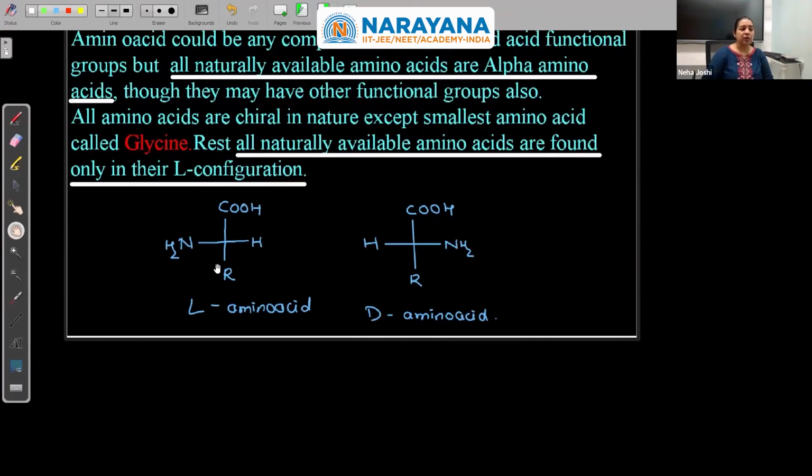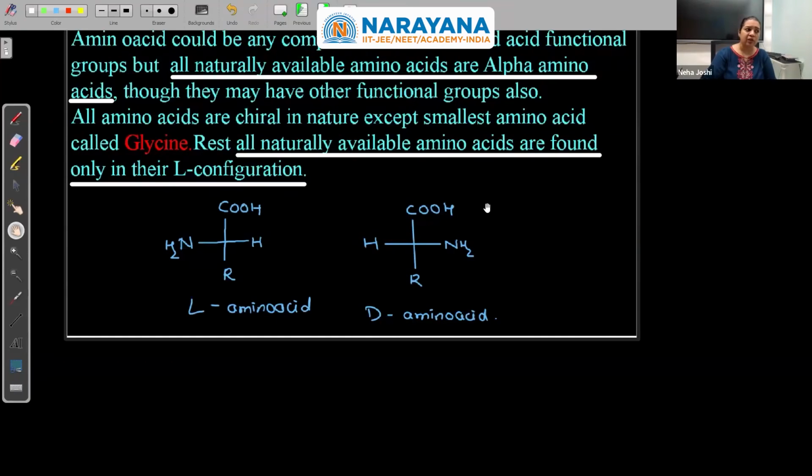Now here is the L amino acid. For amino acids, the terms capital D and capital L, like yesterday we did in a conventionally correct Fischer projection of a monosaccharide: if the highest IUPAC numbered chiral center has OH on the right hand side of the Fischer projection, then we'll call it D sugar.